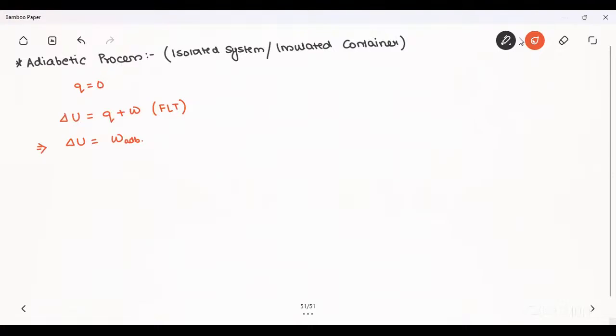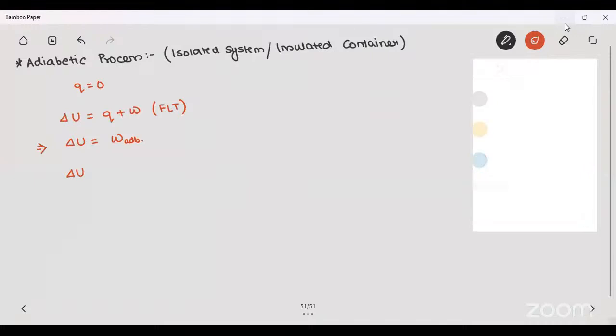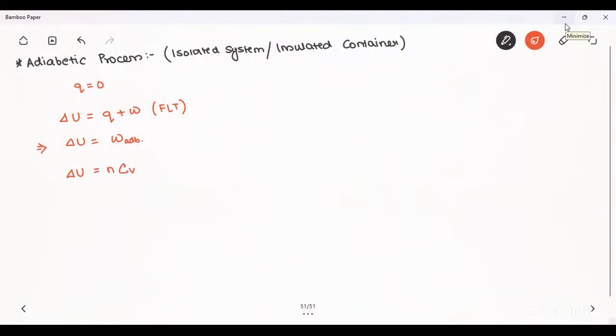Yes, ma'am. Okay, see, delta U is again what? What is delta U? Just now I told you. Not Q plus W, but N CVM delta T. So therefore, W adiabatic is equal to N CVM delta T. Now, there is a difference between reversible and irreversible process to calculate this delta T. That I will be teaching you in tomorrow's class, not today's class.